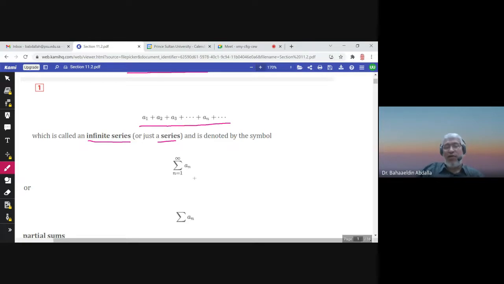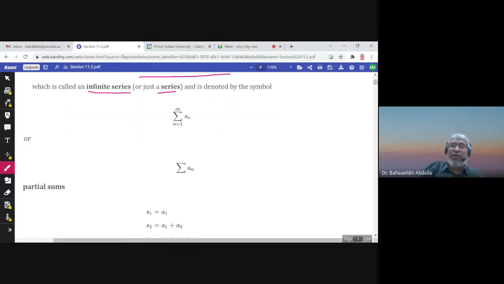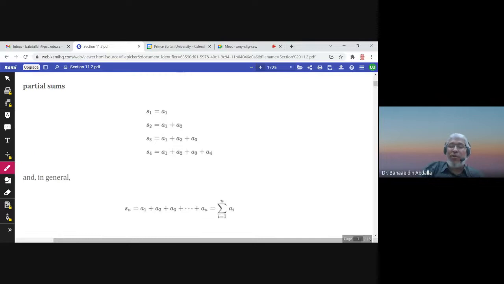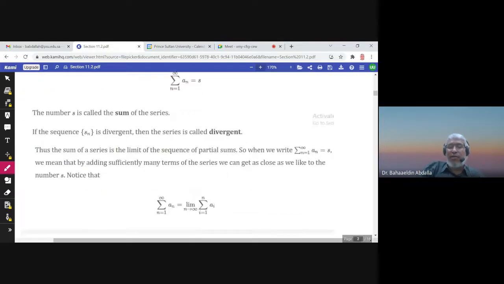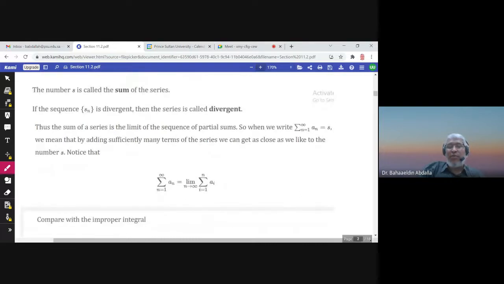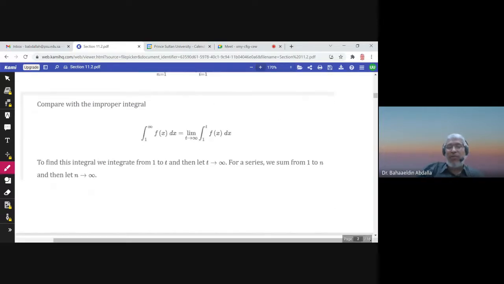So how to define this? Well, I can define this like the way we defined the improper integral. If you remember in section 7.8, I believe, we had improper integrals like this from 1 to infinity, f of x dx. And how did we define this?